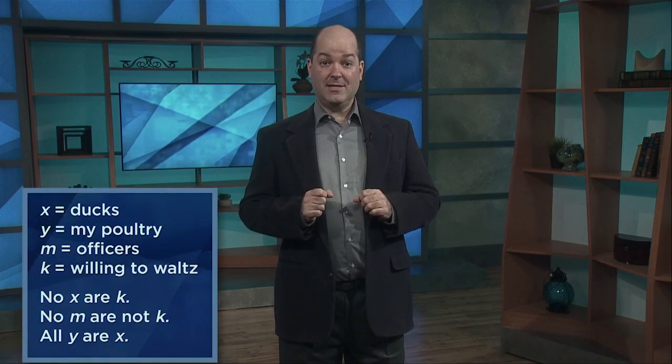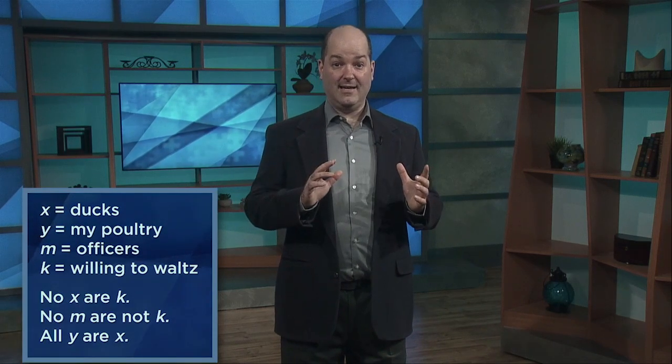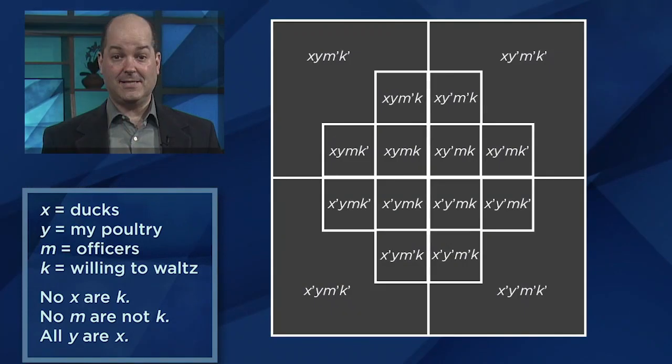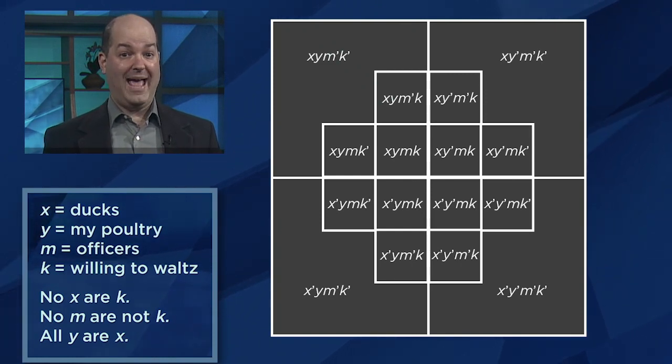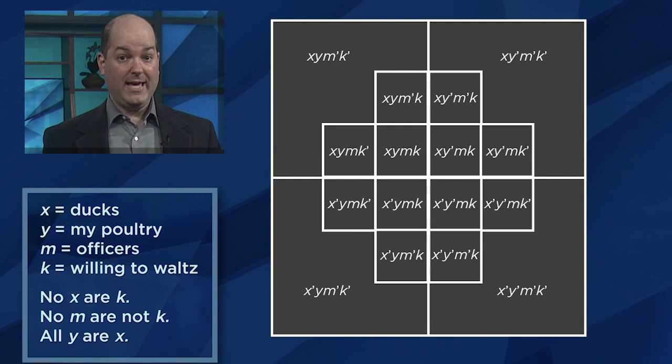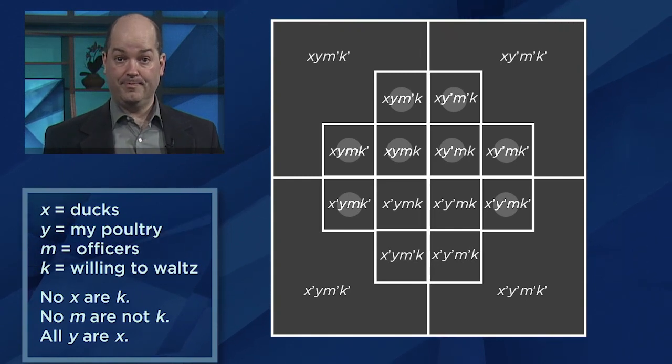The pair of statements no X are K and no M are not K can now be represented like this. In other words, anything that was simultaneously X and K, or simultaneously M and not K, would be in one of those 8 regions. We use gray counters to make it clear that these regions are empty.